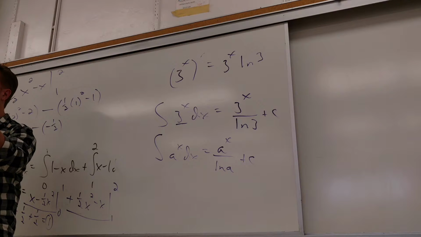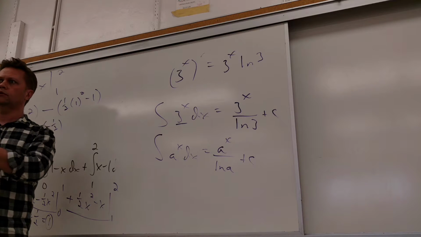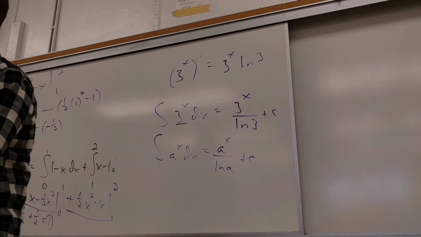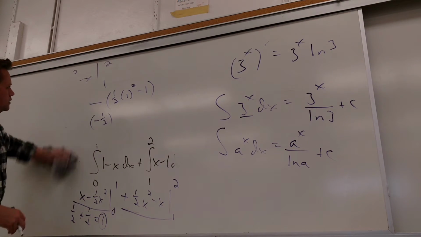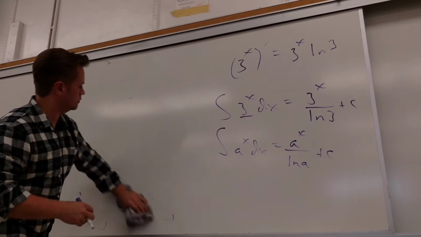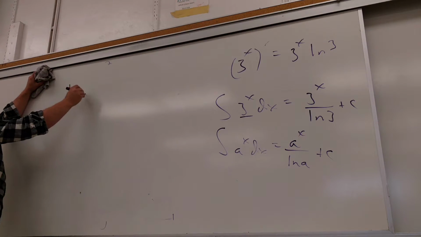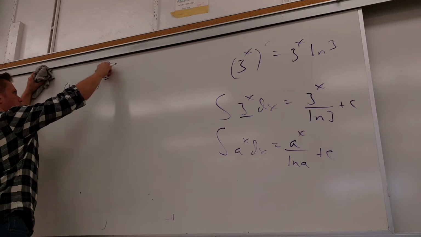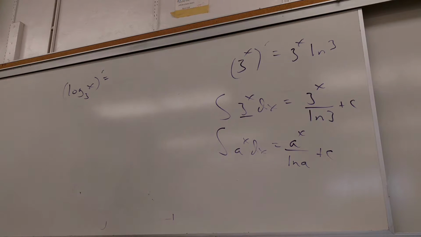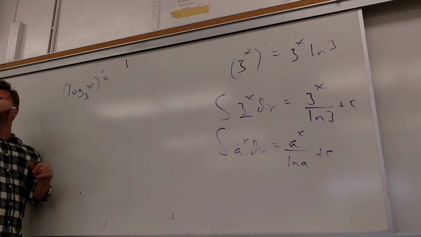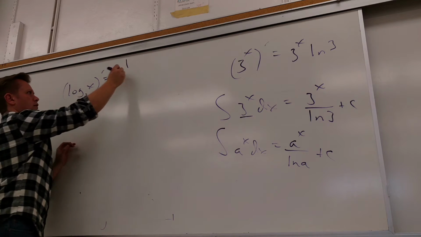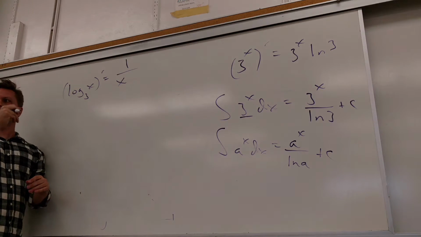The same thing for logs. They're sort of the same way, right? For general natural logs, easy. But what's the derivative of log base 3, for example? What's the derivative of ln? 1 over x. So you just need an adjustment because it's base 3.